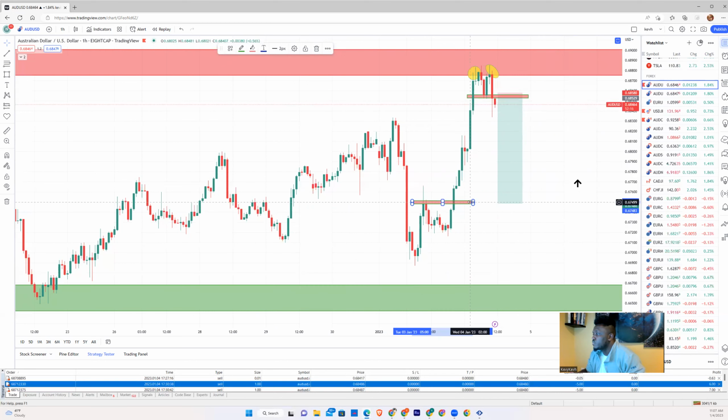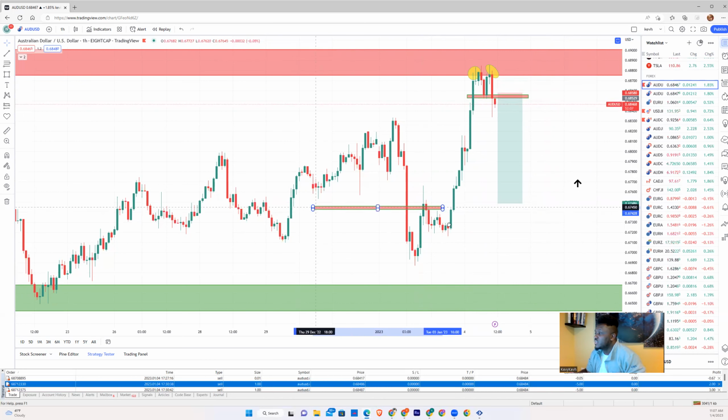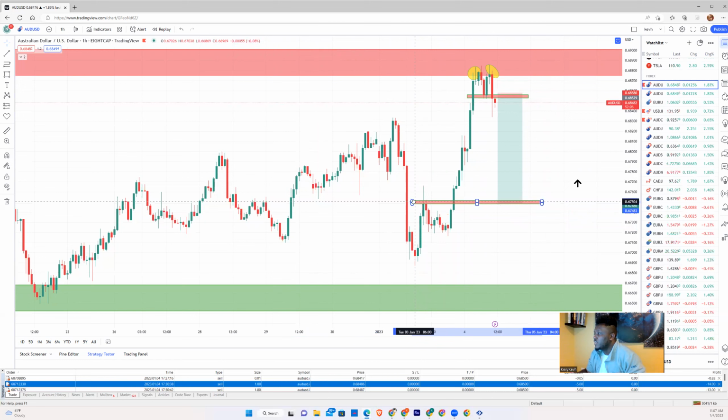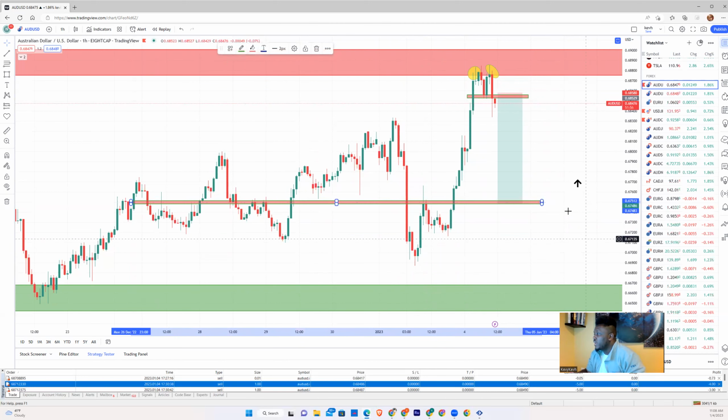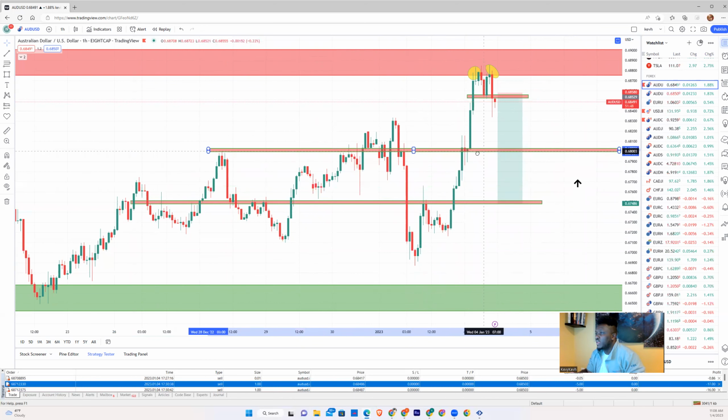Okay, so that is why I have my second TP over there, because of that. You can see you can pull it all the way, and it still gives you a good area. And it's the same thing with this right here.